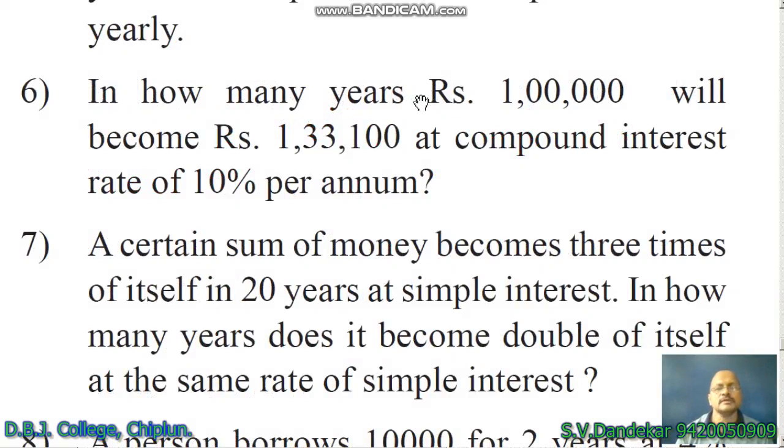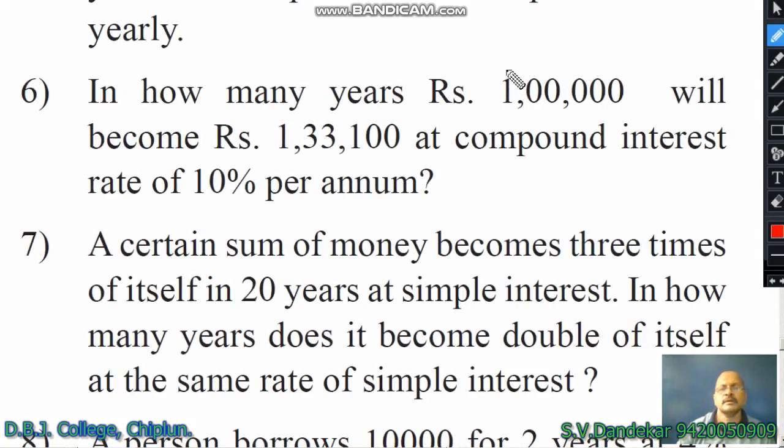In how many years rupees 1 lakh will become rupees 1,33,100 at compound interest rate of 10% per annum? Now here 1 lakh is principal, 1,33,100 is amount, this is R, you want N. The formula is A equal to P into 1 plus R by 100 raised to N. In this formula I am using these values.